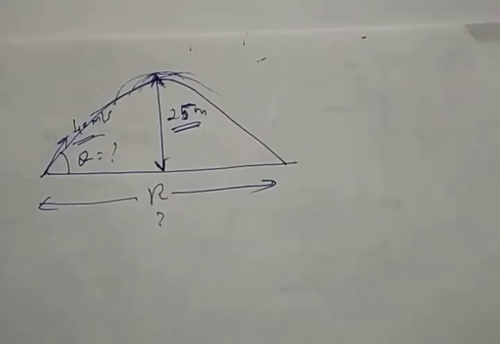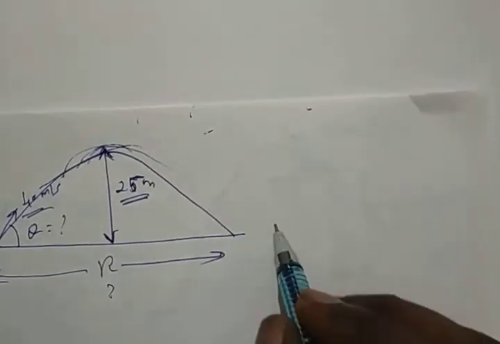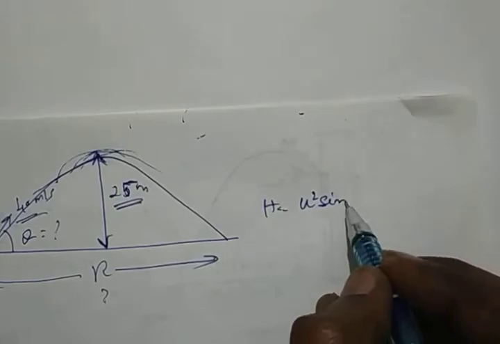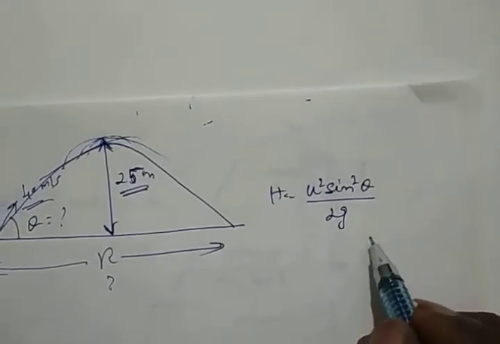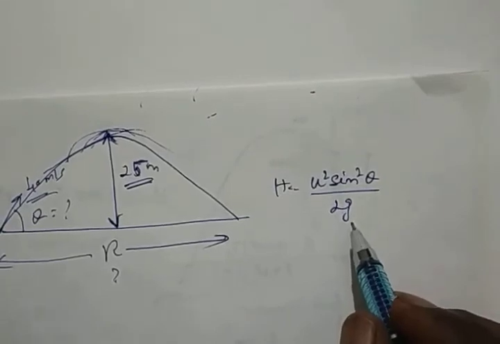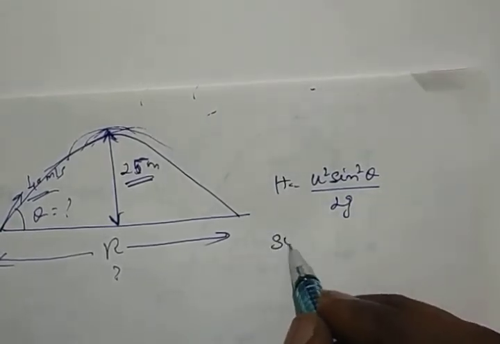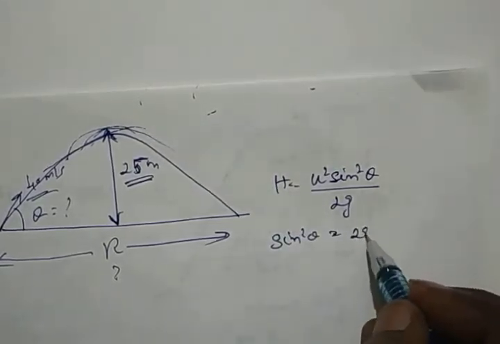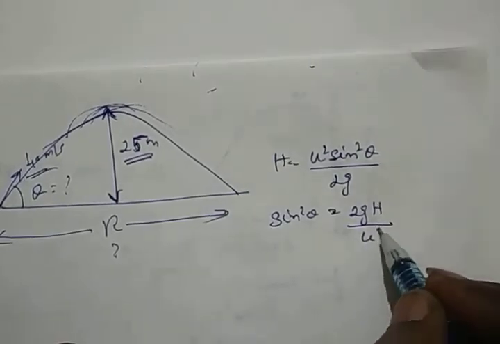Let us write the formula of maximum height. Height is going to be equal to u square sine square theta upon 2g. That's the formula here. Now let us keep sine square theta alone here. Bring everything to the other side. 2g into capital H upon u square, cross multiplied.